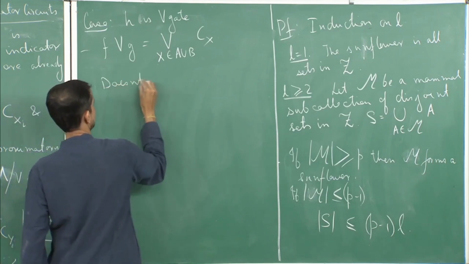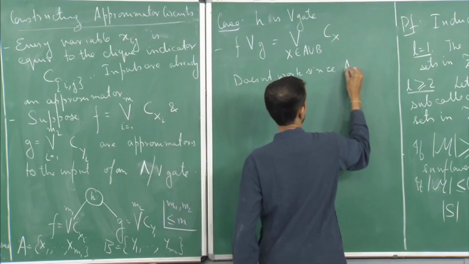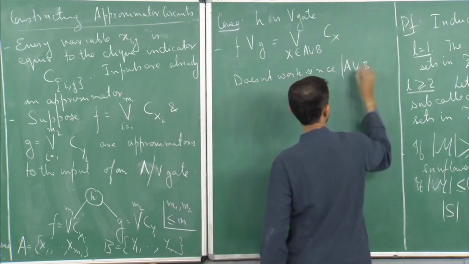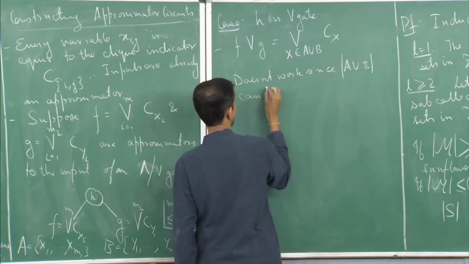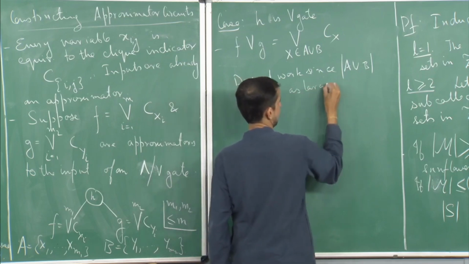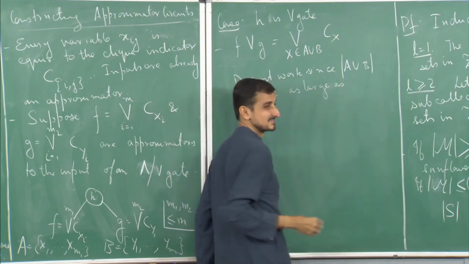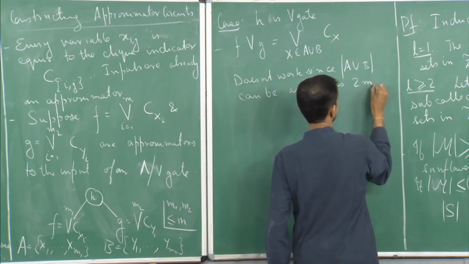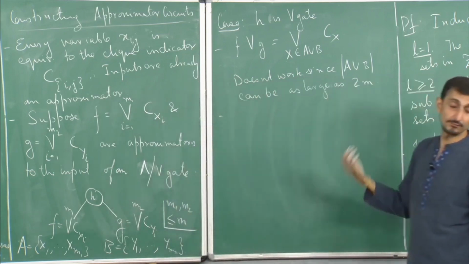It doesn't work since A union B can be as large as, what is the maximum size? 2m, because A and B are each of size at most m. So now we will use the sunflower lemma.